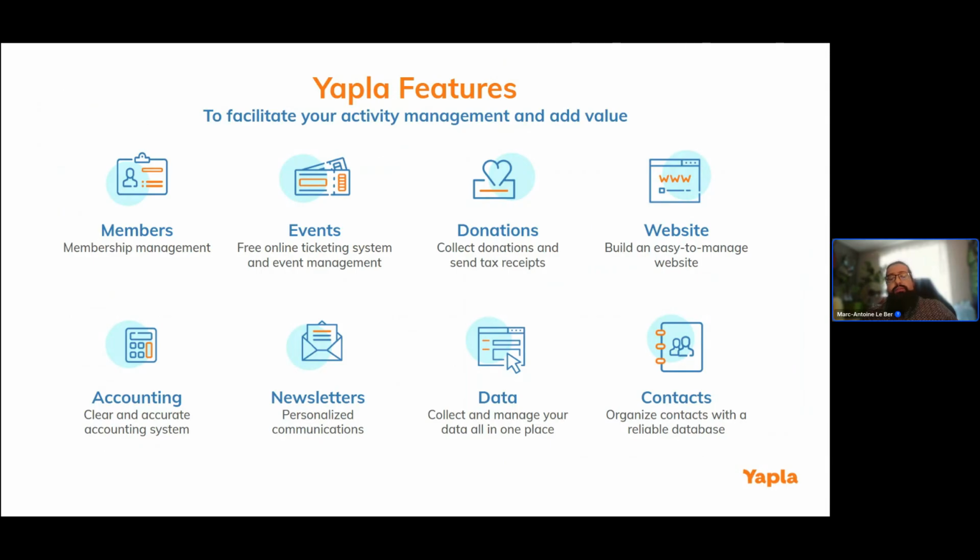Donations to help you create your various donation campaigns, collect donations, and automate the generation and sending of your tax receipts. The website features we're going to be looking more deeply into today to help you build and manage your website. Yapla accounting to automate the generation of all the various bills you're going to be generating through the system and sending them automatically to your users.